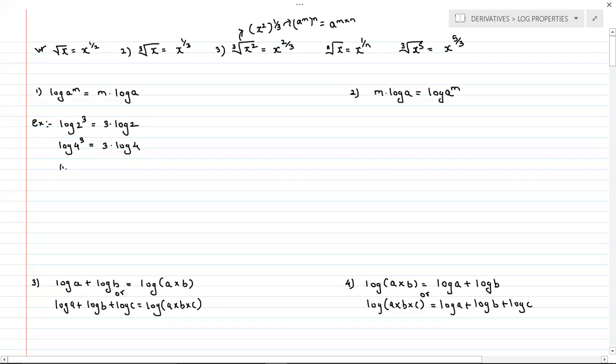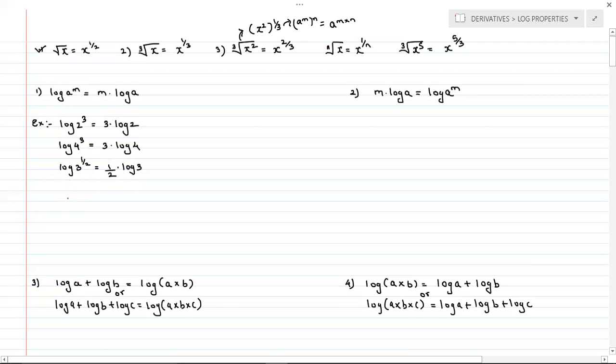Suppose I say log 3 raised to 1 by 2. This power we can write as 1 upon 2, and it will come down into log 3. Okay, so what is the first formula? That is log a raised to m. This power m will come down. So this is the first basic property.